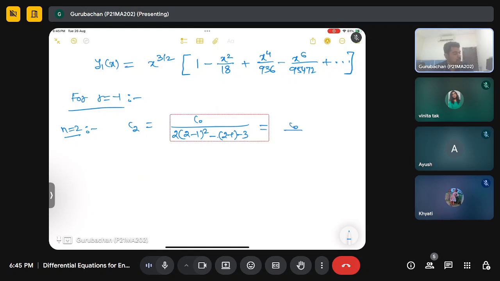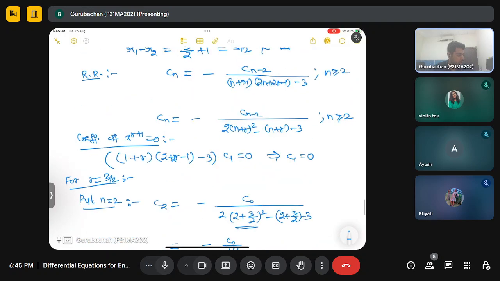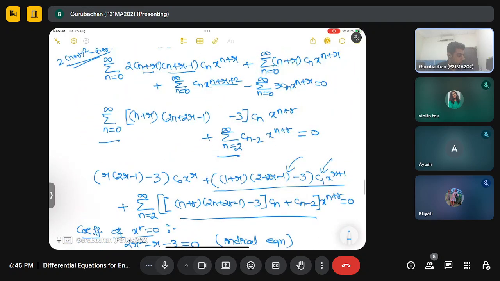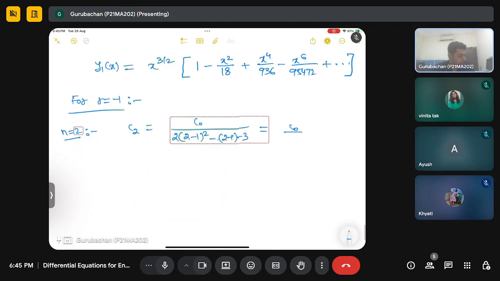So this will give you C naught divided by, I think this was the relation, 2n plus r square. So we are putting n equal to 2 and r is nothing but minus 1. So 2 minus 1 whole square minus 2 minus 1. So this will give you 2, this was with negative sign, and minus 1 minus 3, which will be C naught by 2.